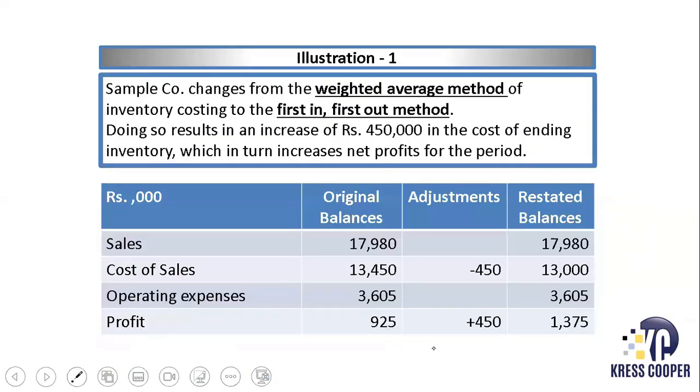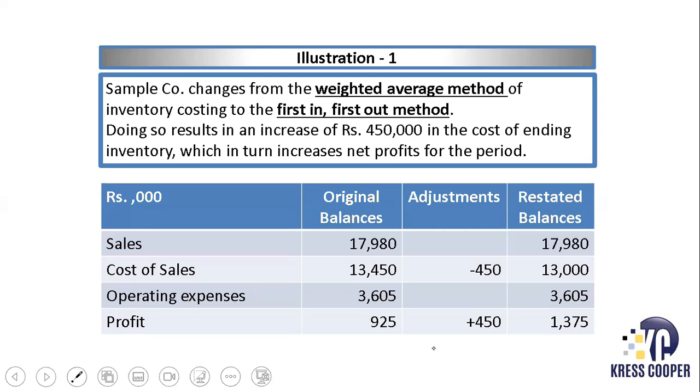Let me give you one or two very simple illustrations to understand the concept more clearly. Sample company changes from the weighted average method of inventory costing to the FIFO method, first in, first out. Doing so results in an increase of 50,000 in the cost of ending inventory, which in turn increases the profit for the period.